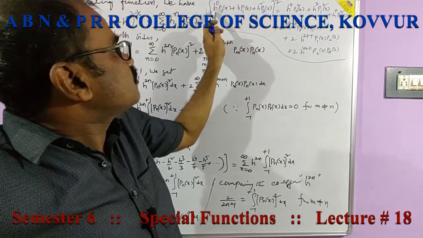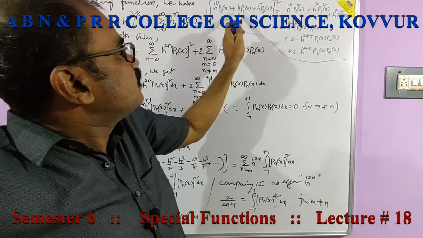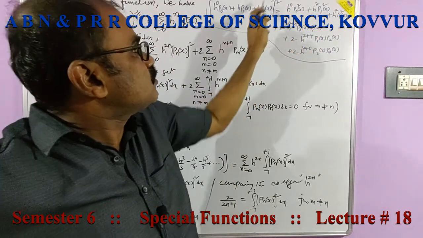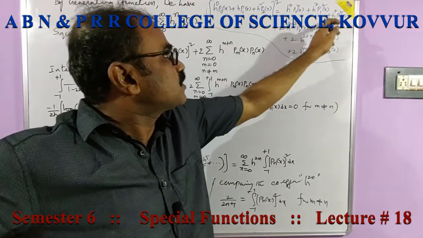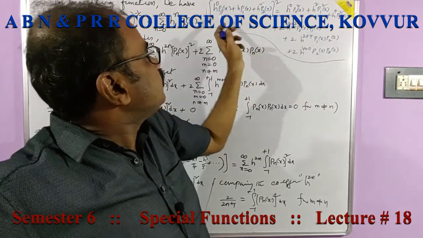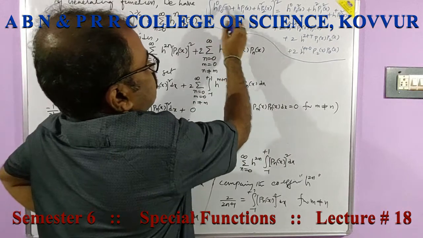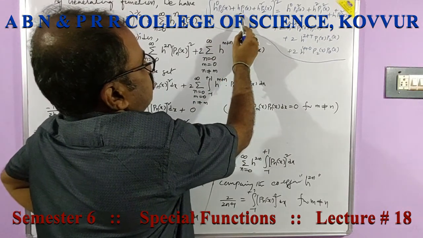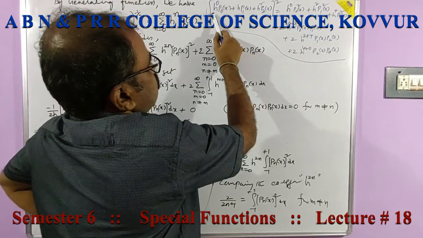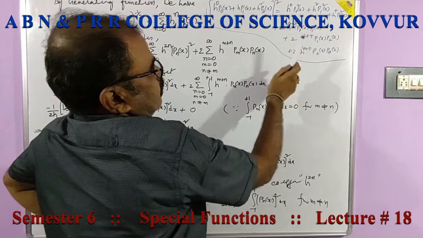So 1 square is 1, h power 0 P0(x) whole square, this is h square P1(x) whole square, h square whole square, that is h power 4 P2(x) whole square, and 2ab, 2 into ab. Here a is h power 0 and b is h power 1, P0(x) into P1(x), 2 into ab, h power 0 plus 1 into P0 P1.